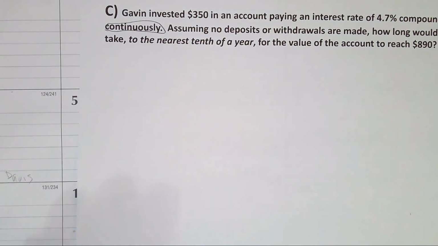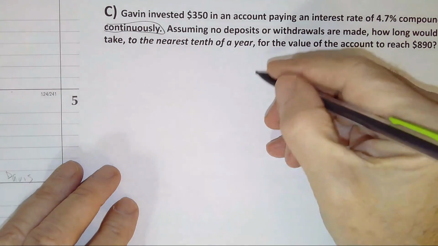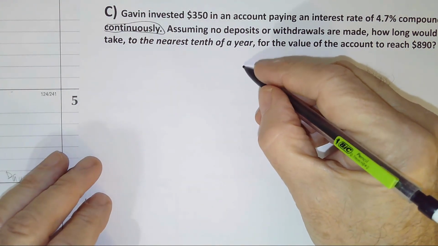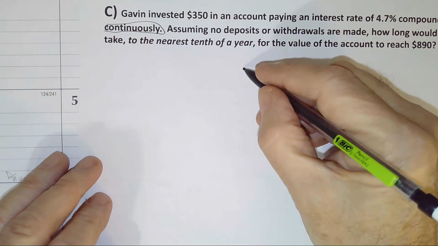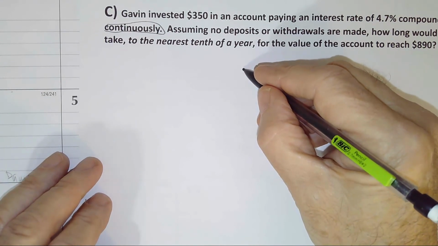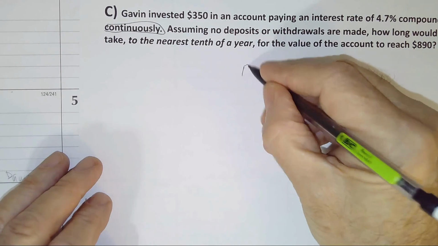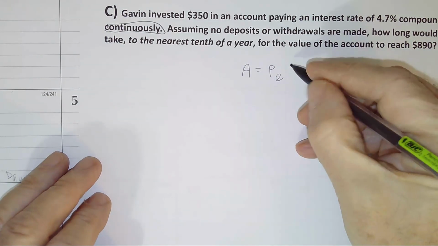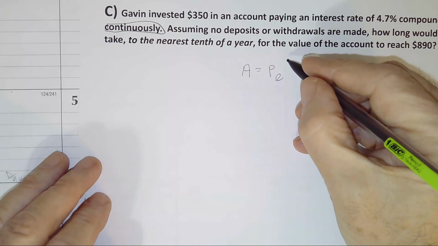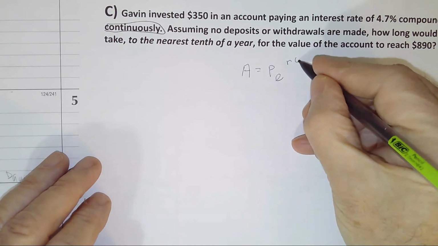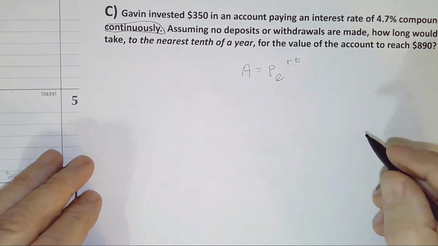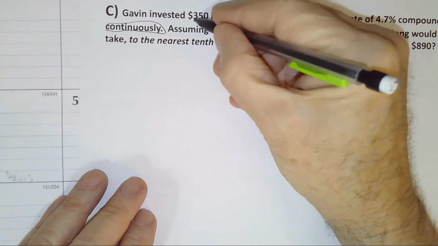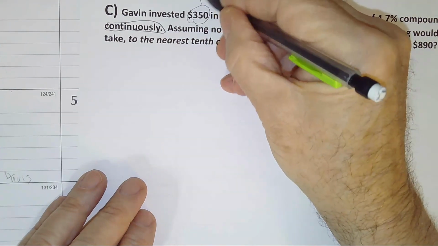So if you remember the PERT formula from our earlier lesson, that formula is A equals P times e to the rate times time. That's in the exponent. So he invested $350. This is your principal. This is P.